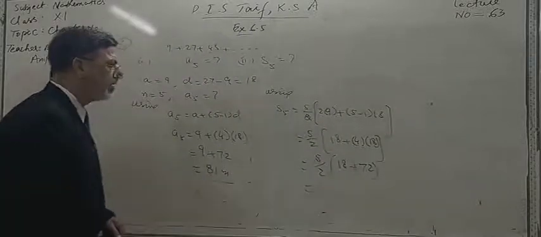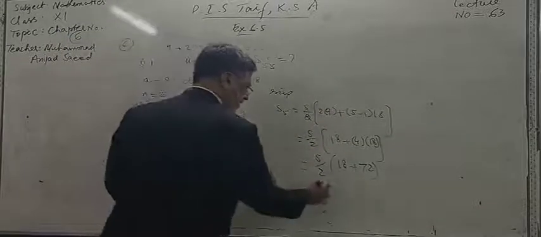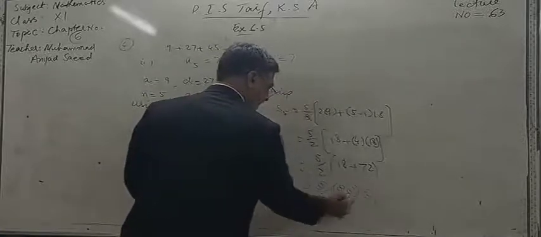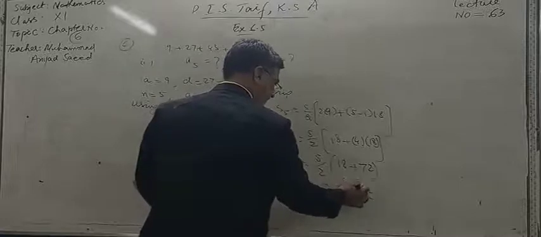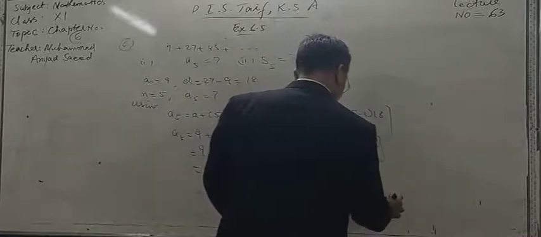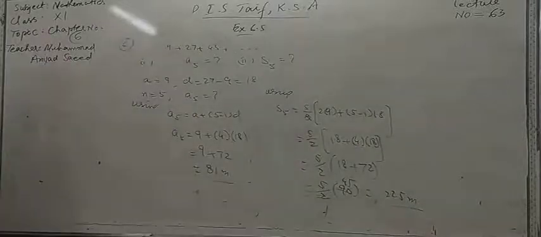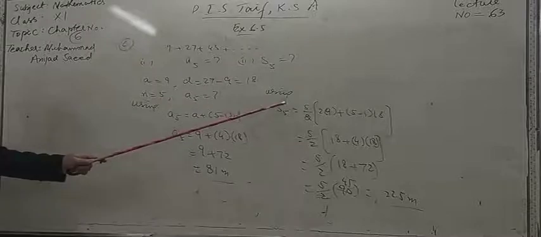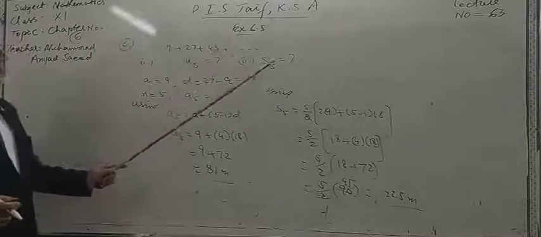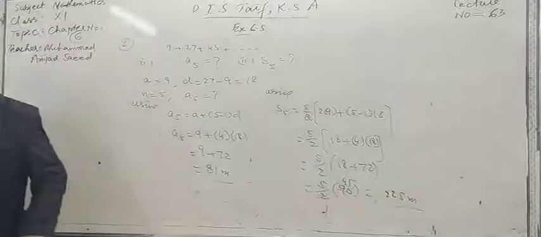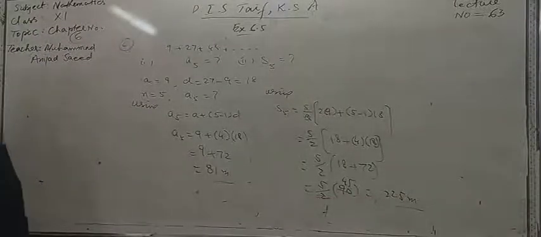And that will be 5 over 2 into 90. 90 divided by 2 is 45. So it will be 225 meters. Dear students, this is your second part. In total 5 seconds, he will fall through the distance of 225 meters.